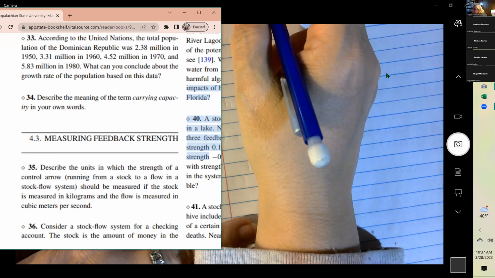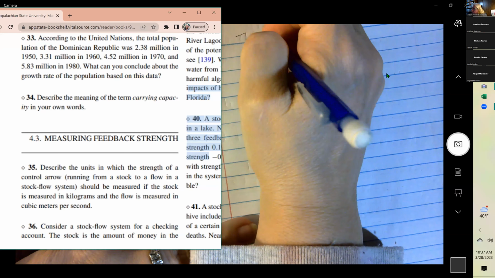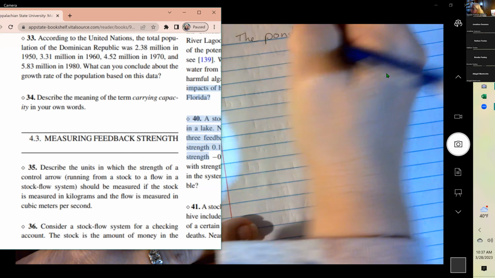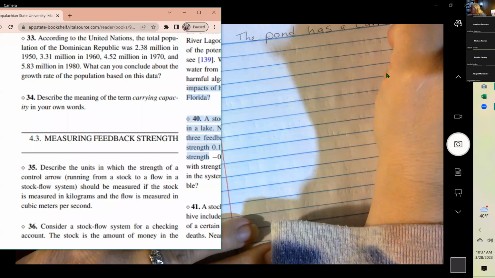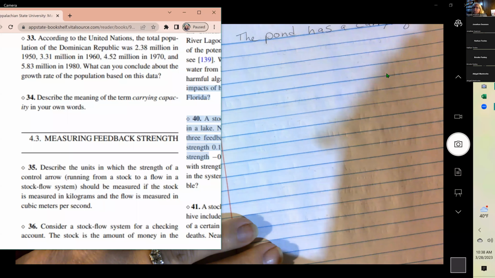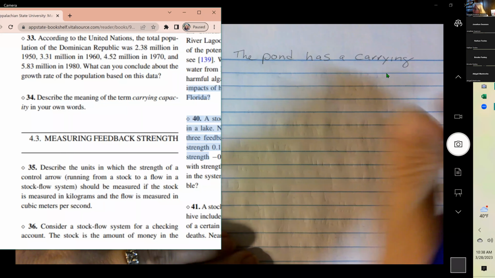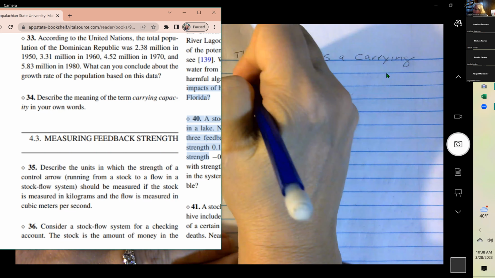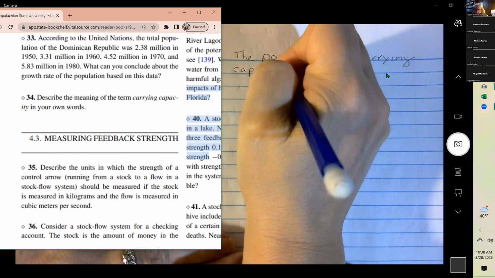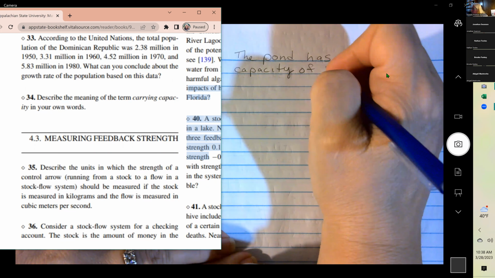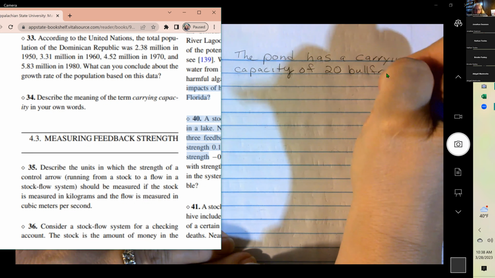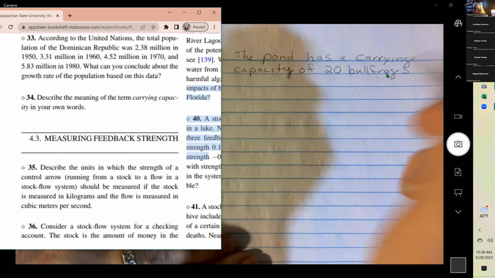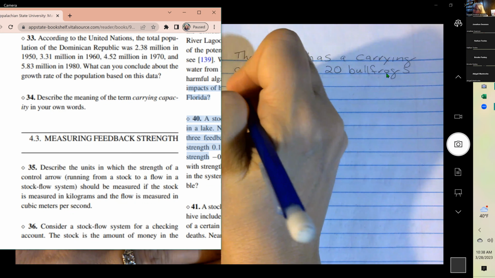The pond has a carrying capacity of 20 bullfrogs. What does carrying capacity mean?